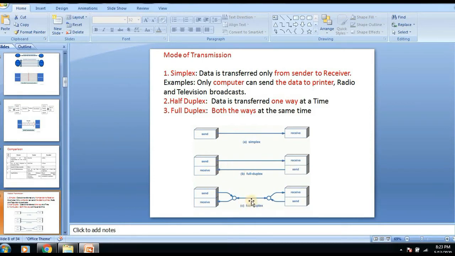Here you can see the direction from the sender to the receiver. In half duplex, the data is transferred one way at a time. But in the case of full duplex, the data can be transferred from the sender to the receiver and also from the opposite side, with separate lines for those two, which means at the same time the data can be transferred both ways.